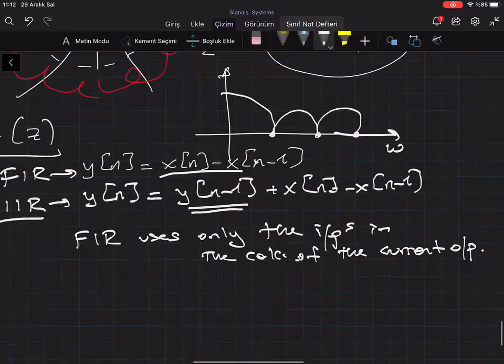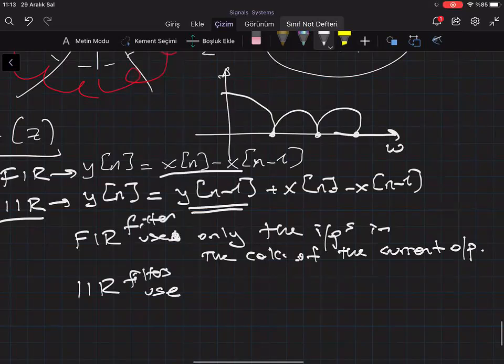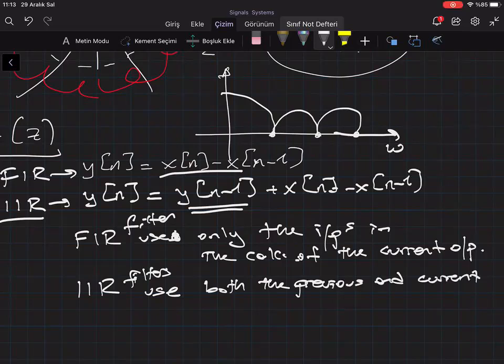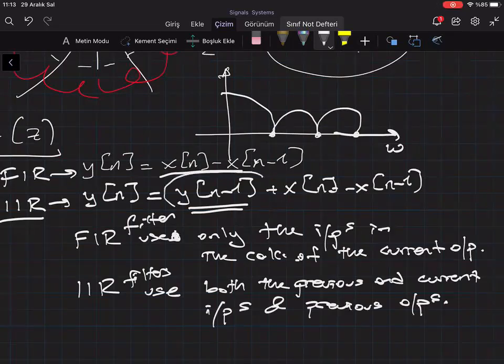But IIR filters use both the previous and current inputs and previous outputs, like this one, the previous output.